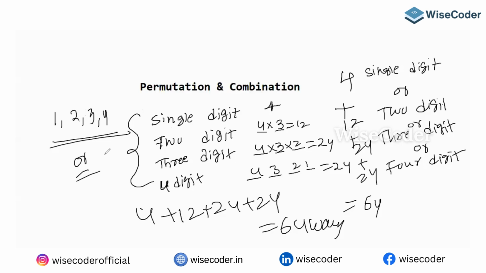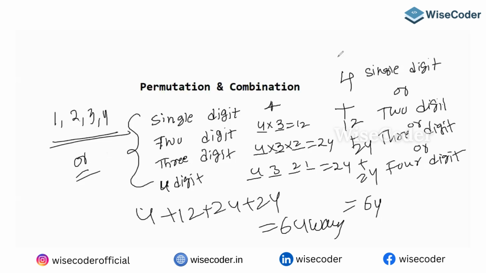Guys, for permutation and combination, you should definitely know these two rules: the rule of "and" and the rule of "or". If you know these two rules, you can solve any question without using a formula.